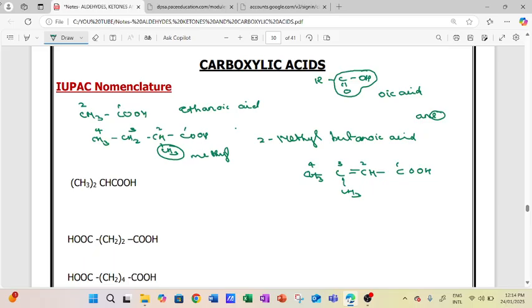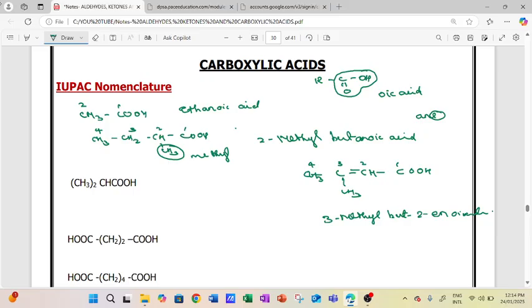So 3-methyl. After but, you write ene because there is a double bond, and it is attached at the second position, so 2-ene. Similarly, in the alkene, the last E will be deleted and we write oic acid. So 3-methylbut-2-enoic acid. This is how we write the name.